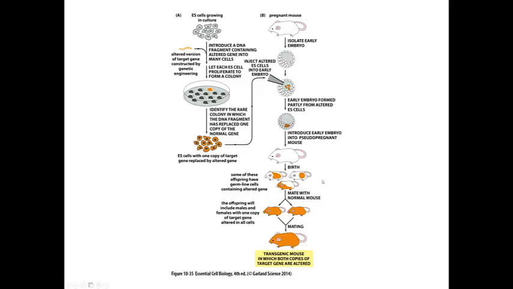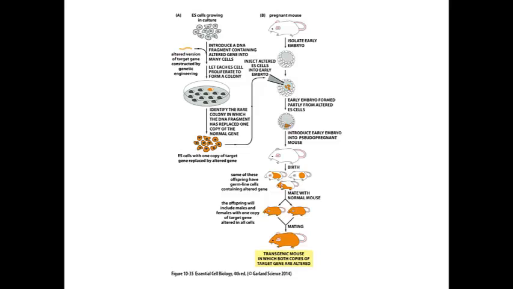And the mice that are born are chimeric because they are a patchwork of recombinant and non-recombinant cells, right? Back in the embryo, some of them were from the altered stem cells, and some of them are just normal embryo cells.